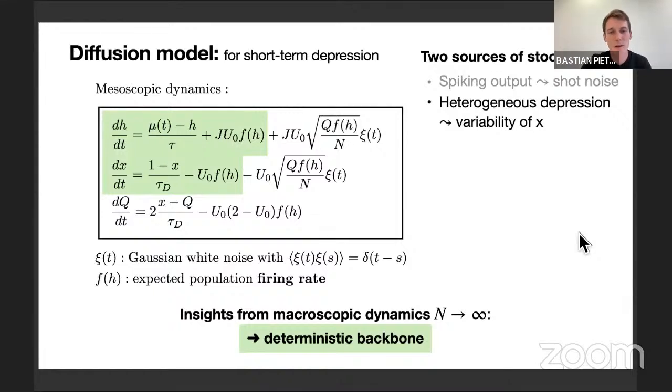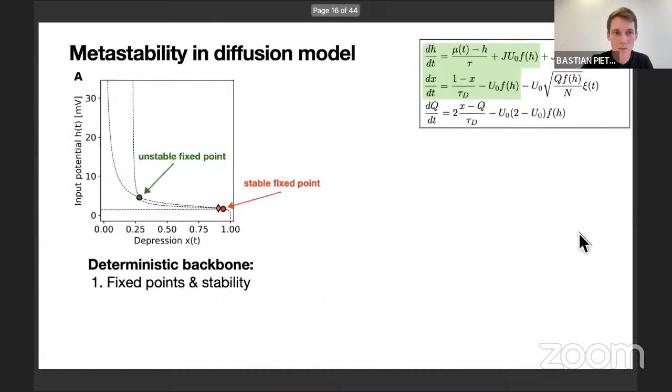Usually this deterministic backbone can give us hints at all the dynamics that are relevant for the actual network behavior. So for instance, just looking at the deterministic backbone, at this two-dimensional system, we can apply dynamical systems theory, draw the nullclines in this HX plane, and determine the stability of the fixed points.